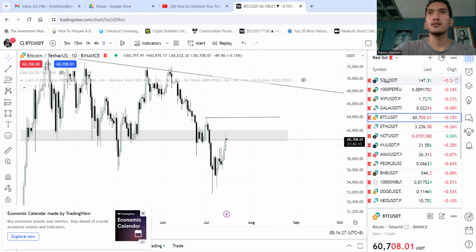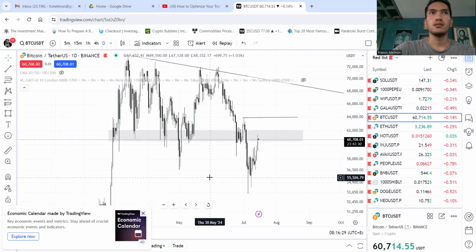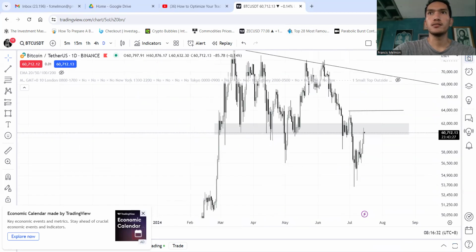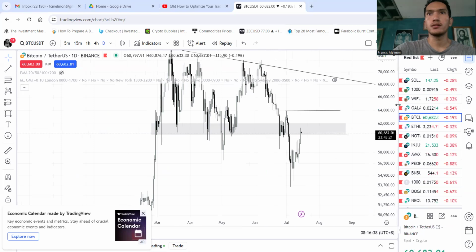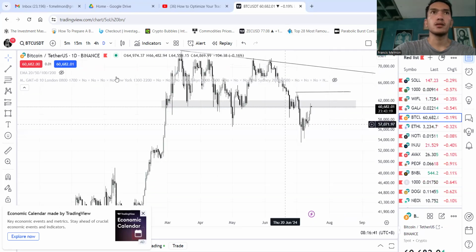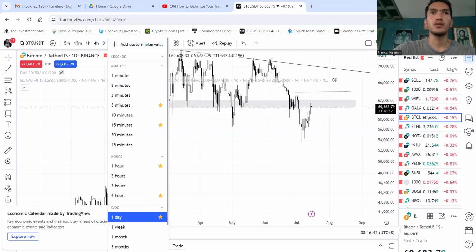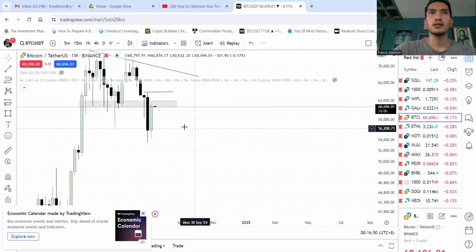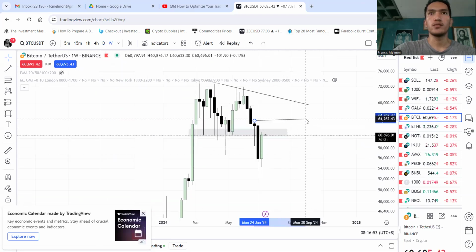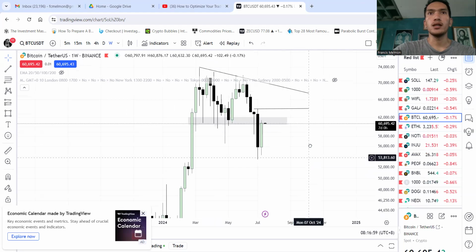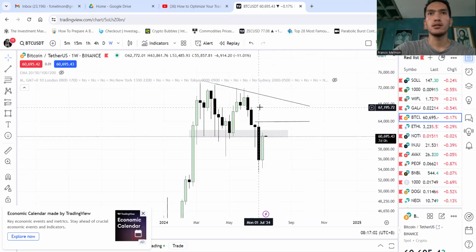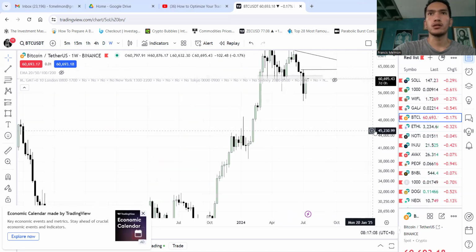Okay, let's start with BTC. What we're going to do is base the movement of our weekly bias on the weekly candle close, and also the trend.